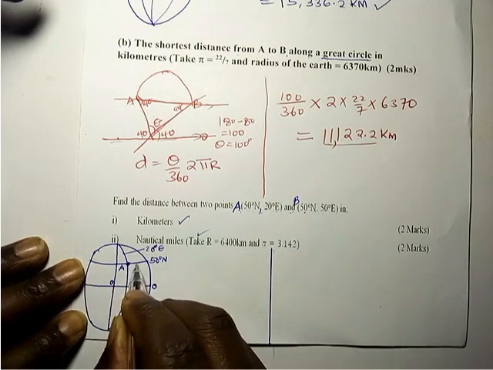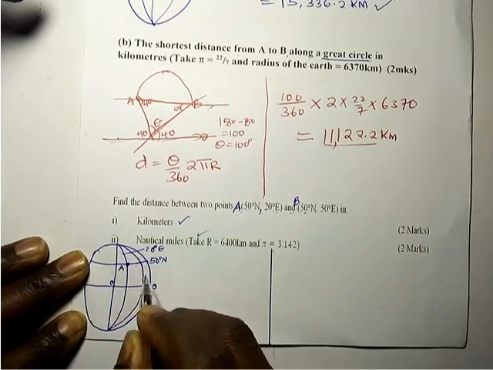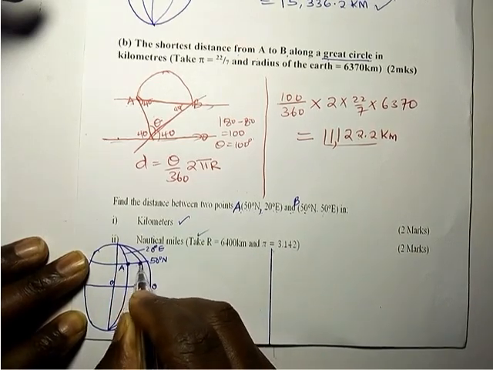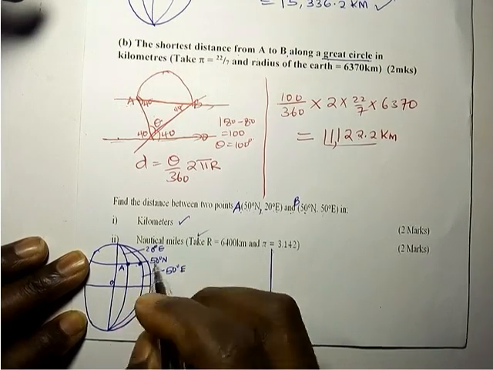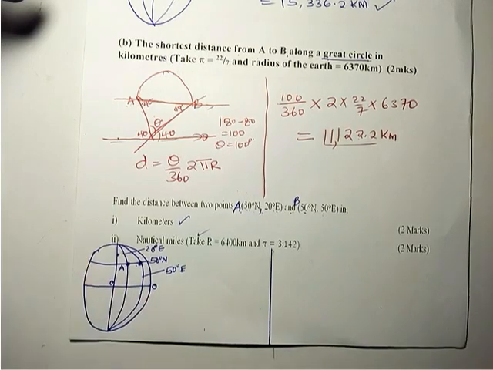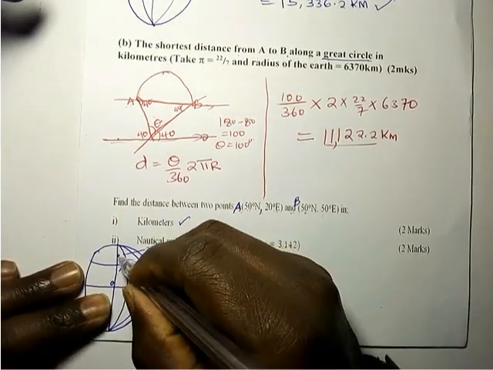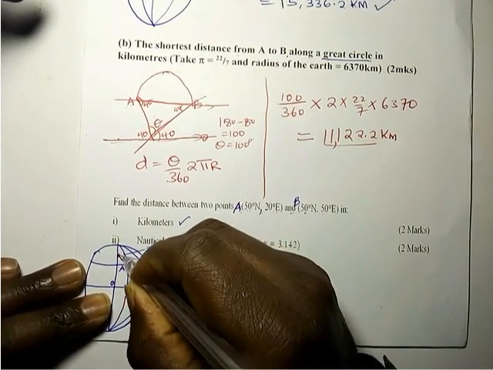So 50 east could be somewhere here. So this is 50 degrees east. So their center is going to be here. So the angle they form at the center is that one.